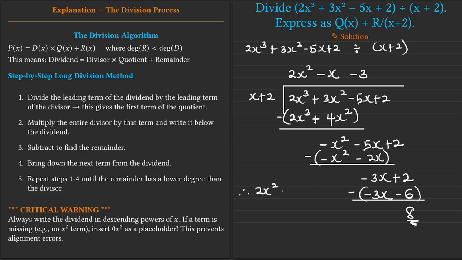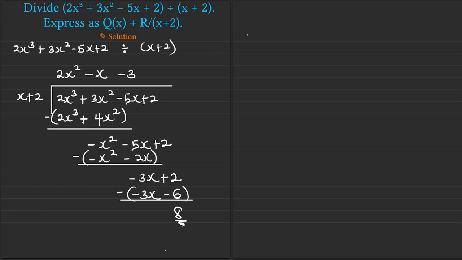Expressing it as q(x) plus r over x plus 2, it simply implies we have our quotient, which is 2x squared minus x minus 3.